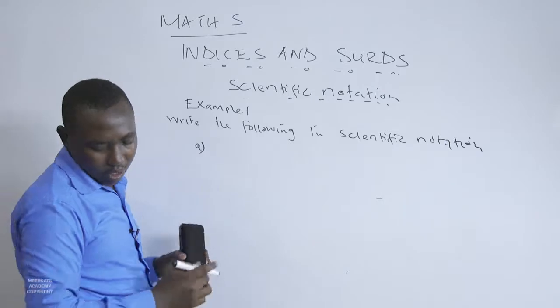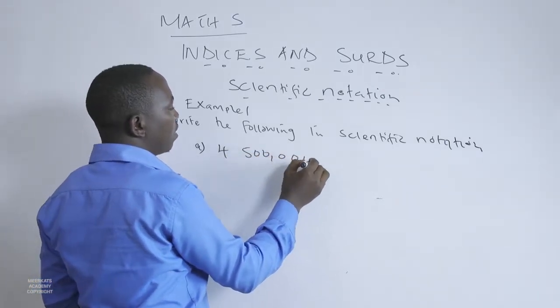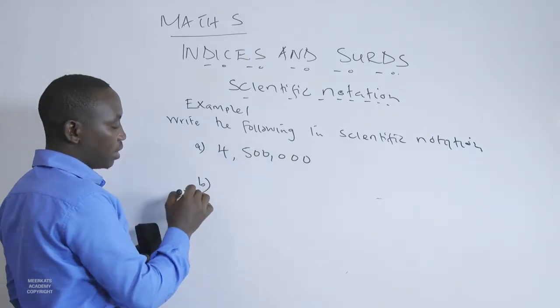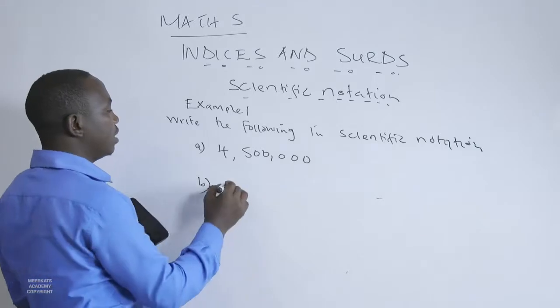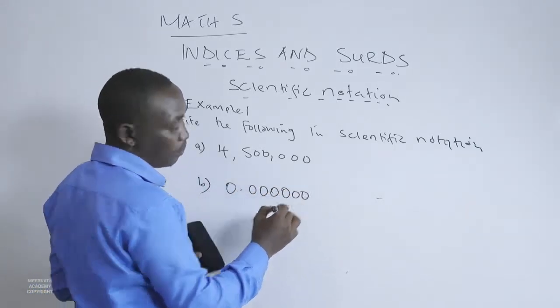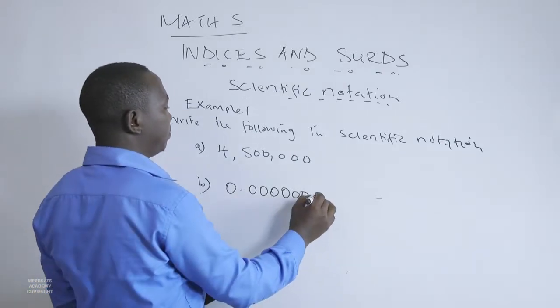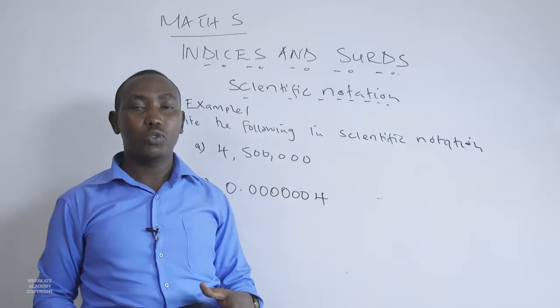A, we have 4,500,000. B, we have 0.000004. So these are examples of two numbers.